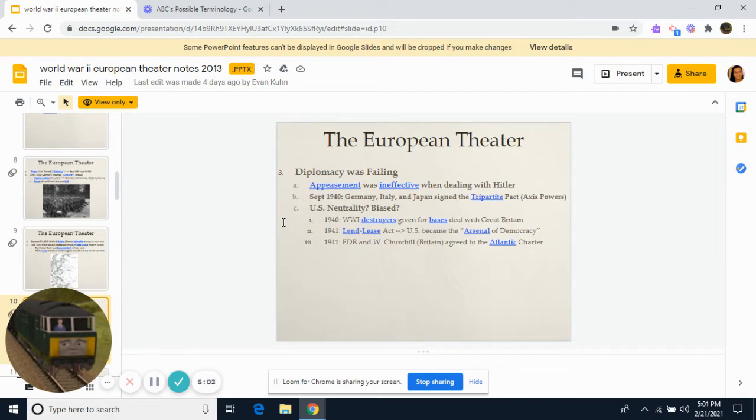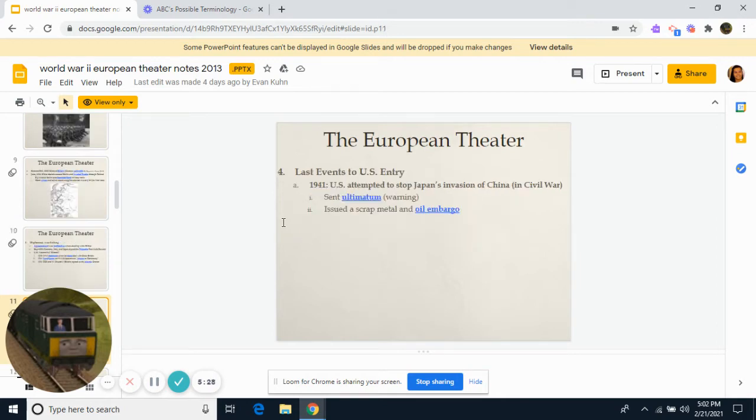Biased. 1940, destroyers from World War One were given for bases in a deal with Great Britain. 1941, Lend-Lease Act. The U.S. became the arsenal of democracy. 1941, FDR and Churchill of Britain agreed to the Atlantic Charter.